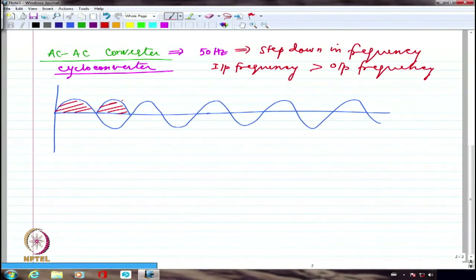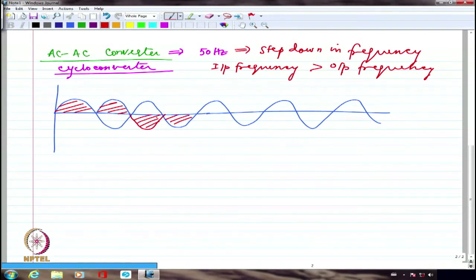For the rest of the 2 half cycles, I am going to have another rectifier connected exactly like a dual converter in the opposite sense. Then I will have this portion and this portion coming up as the output voltage across the load.